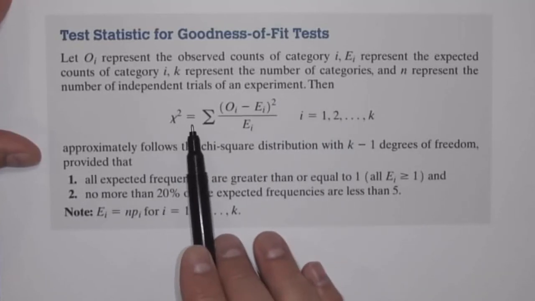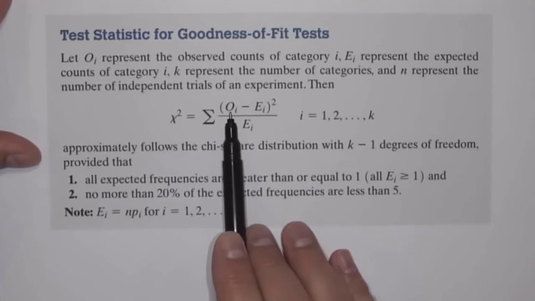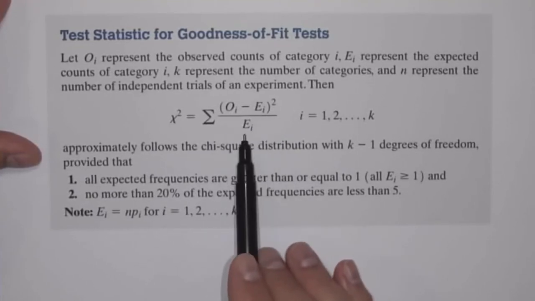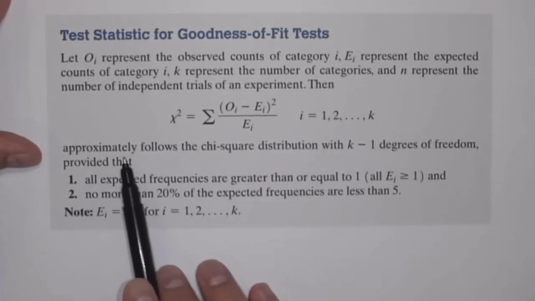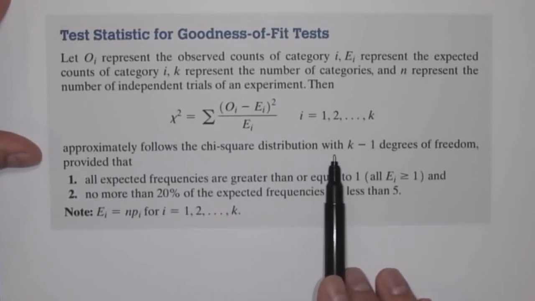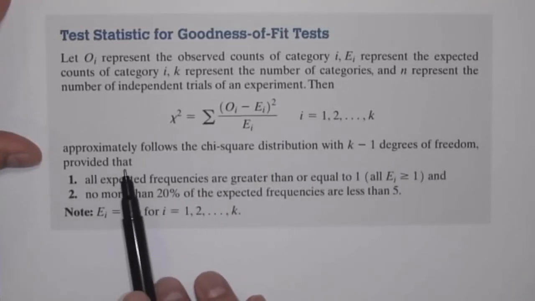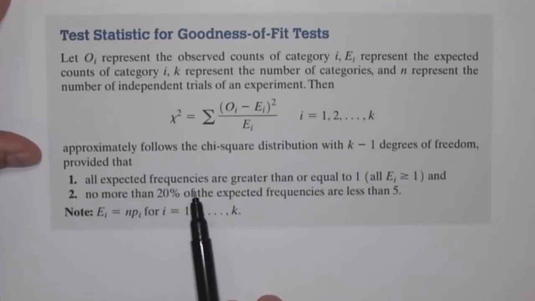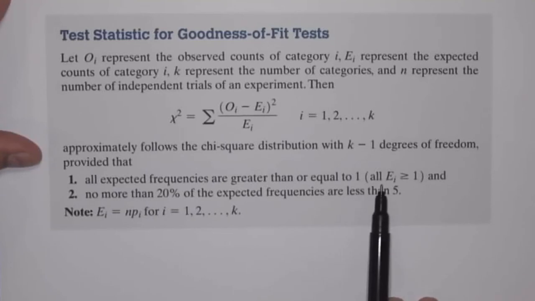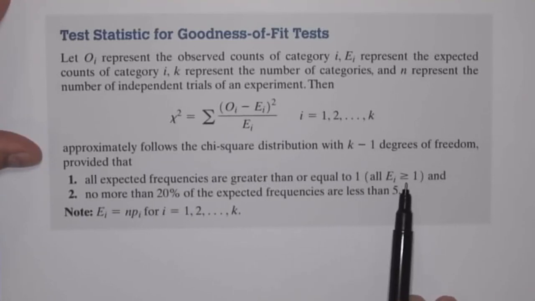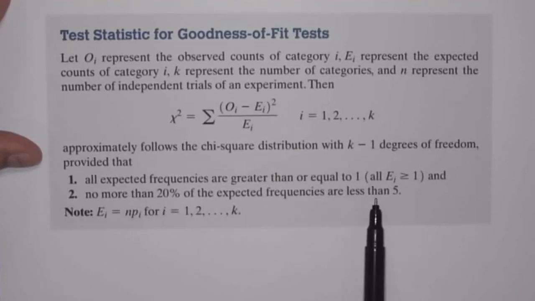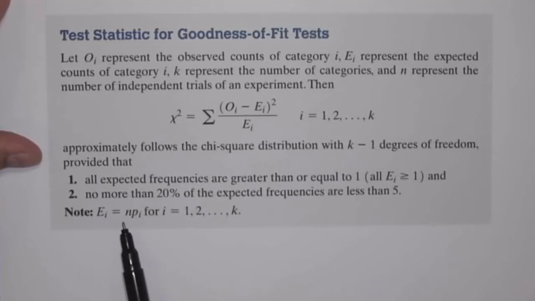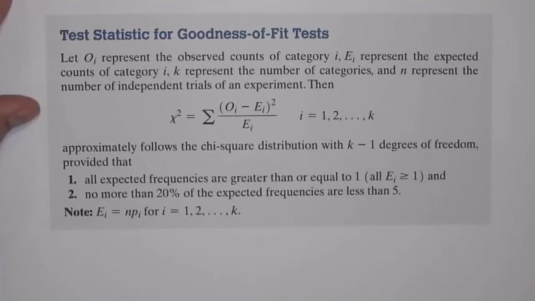Then chi-square equals the sum of O sub i minus E sub i squared divided by E sub i, where i equals 1, 2, and so on up to k, approximately follows the chi-square distribution with k minus 1 degrees of freedom, provided that 1, all expected frequencies are greater than or equal to 1, that is, all E sub i is greater than or equal to 1, and 2, no more than 20% of the expected frequencies are less than 5. Note, E sub i is equal to n times P sub i for i equals 1, 2, and so on up to k.